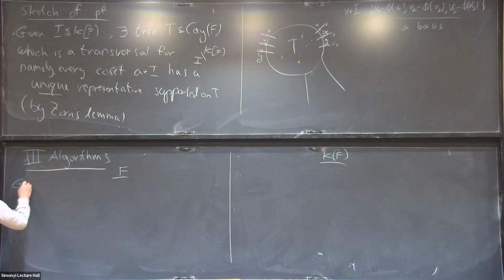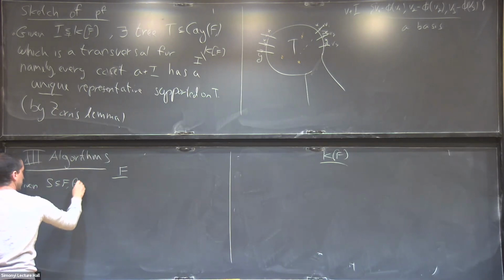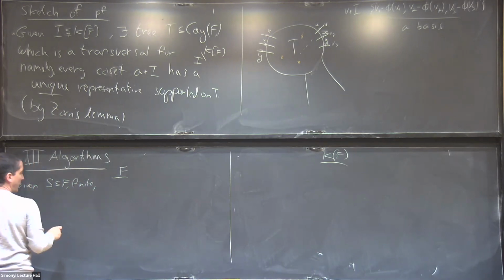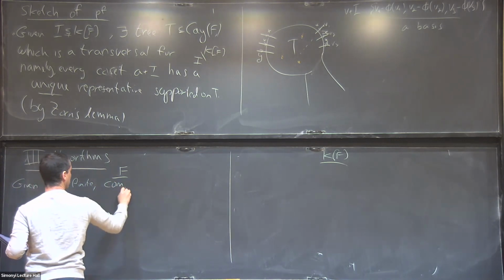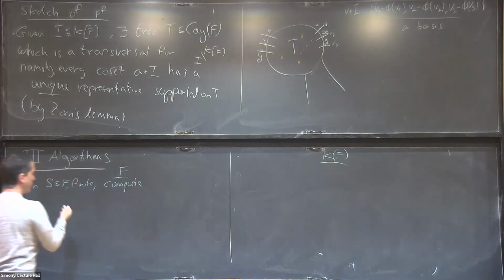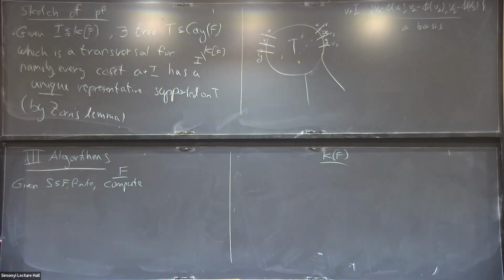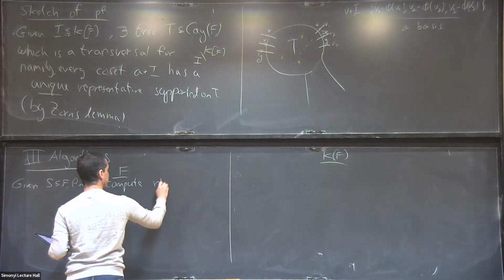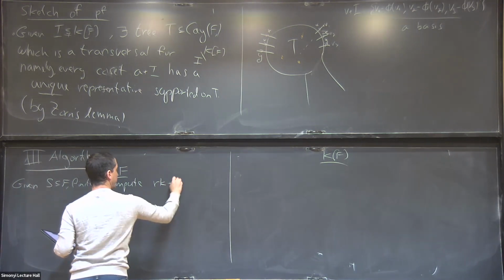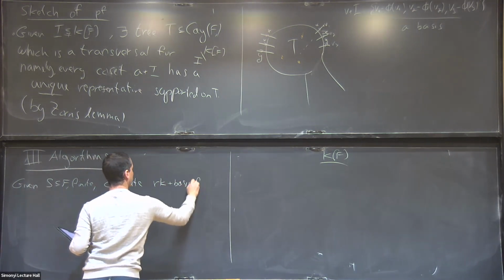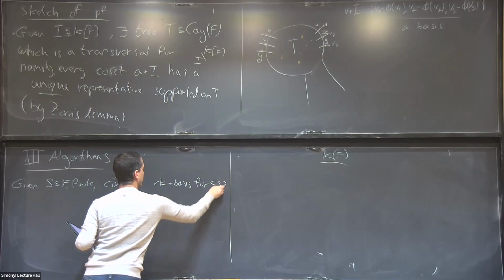So first of all, given a subset of the free group, let's say finite, let's say I want to compute the subgroup generated by S. I want to get the rank and the basis for the subgroup generated by it.